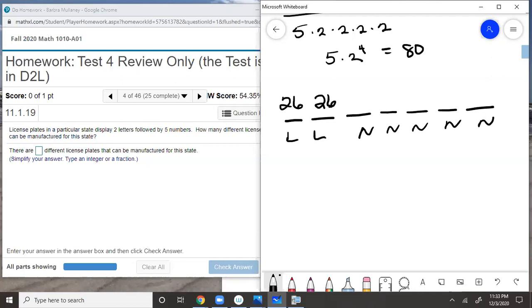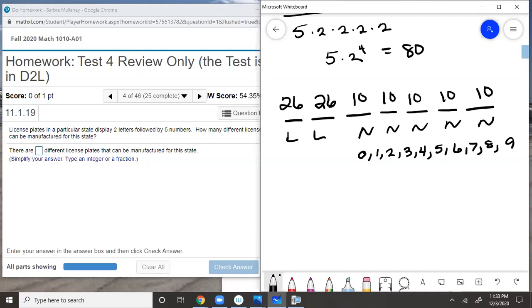And the next one is a number, and the number choices are 0 through 9, because these are single digits here. All right, so we have 10 numbers that are possible here, and so forth.